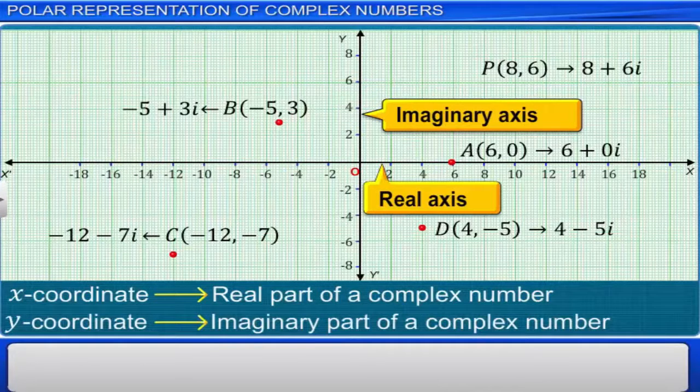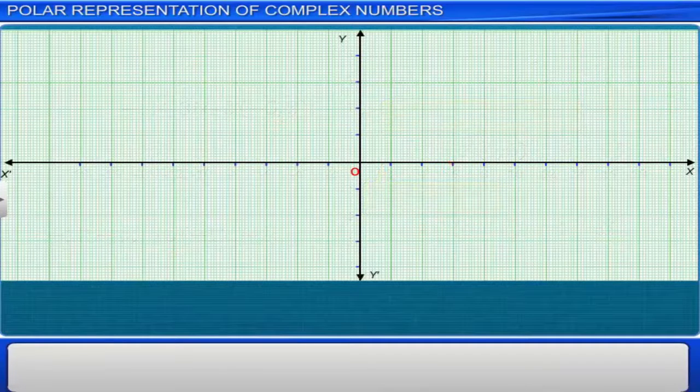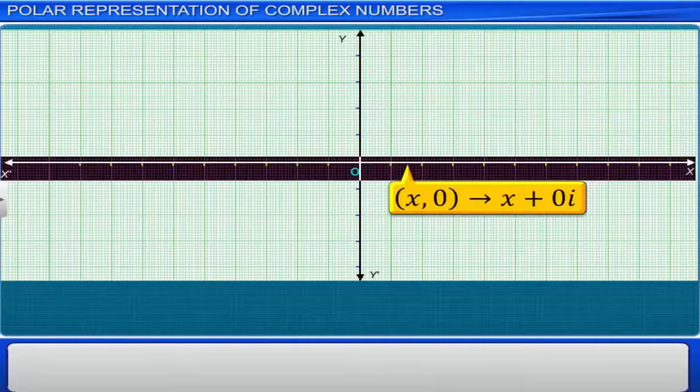complex number. For point P(8, 6), 8 corresponds to the real part and 6 corresponds to the imaginary part of the complex number 8 plus 6i. All the points on the real axis are represented in the form (x, 0), corresponding to the complex number x plus 0i.